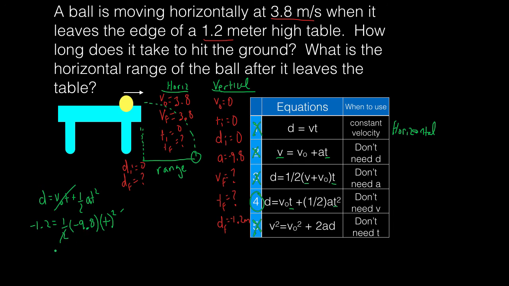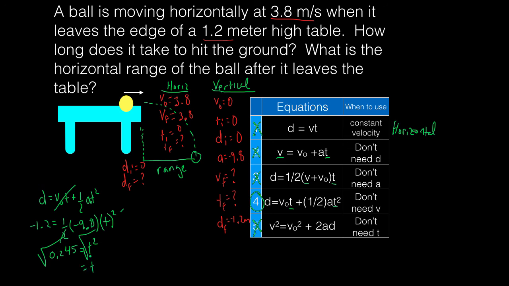And what I get is 0.245 is equal to t squared. And now to get t by itself, the only way to remove this squared term is to square root each side. You take the square root of each side, and then you're left with just t.